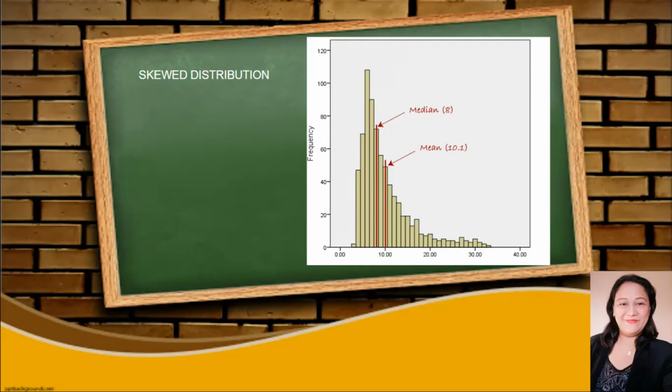Anong mga example nito? Halimbawa, sa exam ninyo, marami ang nakakuha ng mababang score. Yan, no? Ito nga yung mode mo eh. Pero, ito yung central, ito talaga yung gitna. Ito yung passing grade.